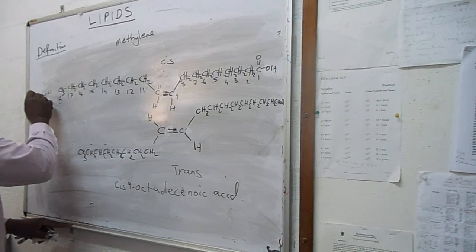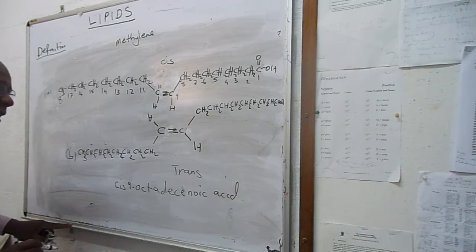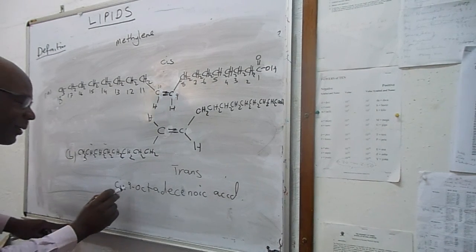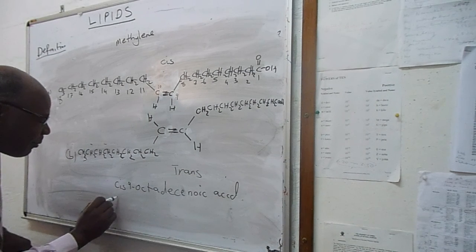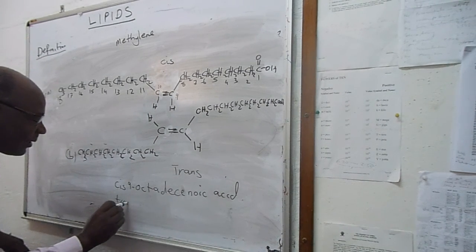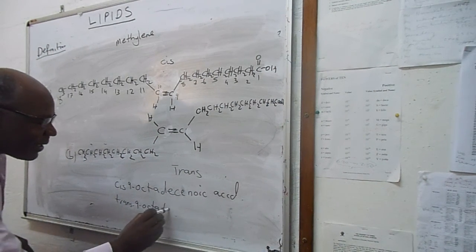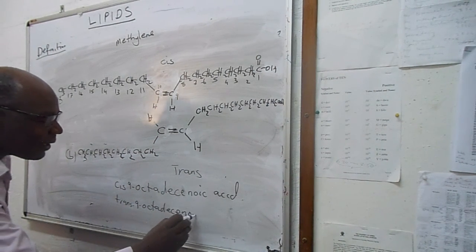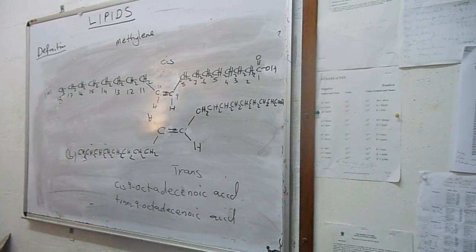If I call this A and B, the first one will be cis-9-octadecenoic acid. The B will be the trans-9-octadecenoic acid. So that's how we will name this particular fatty acid.